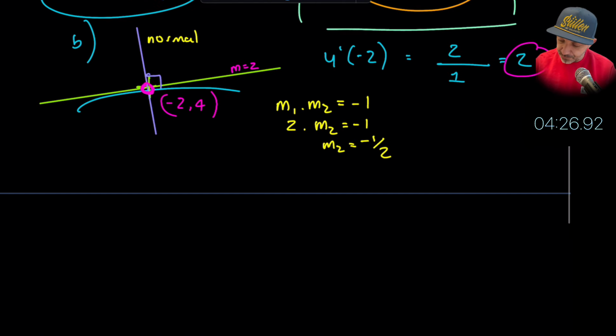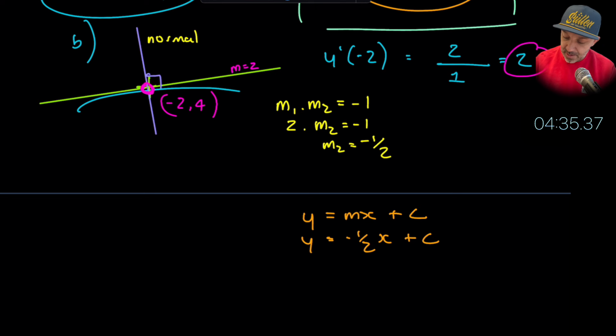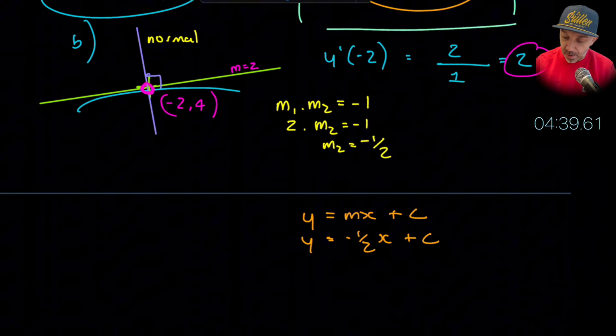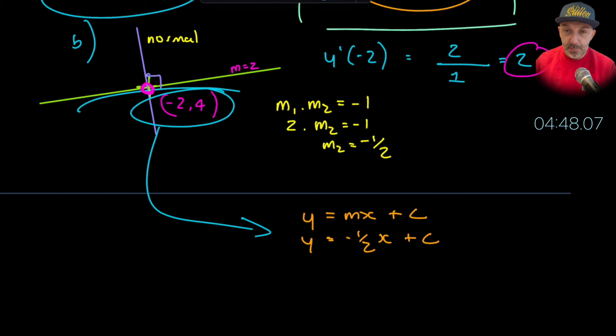Therefore, then, our normal gradient will have this form. y is equal to mx plus c, and therefore y is equal to minus half x plus c. And I'm using y equals mx plus c here, but you could also use y minus y1 is equal to m times x minus x1. And we want to substitute these two values in because our normal also goes through these two values.